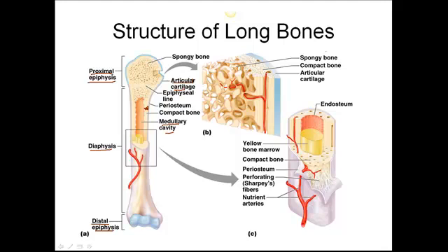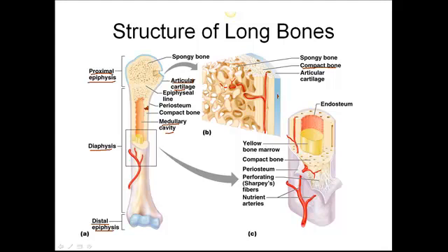And then the spongy bone has the spongy on the inside, and then as it gets towards the outside of the bone, the periphery of the bone, you have the compact bone. And then here's the articular cartilage, because we took this chunk right out of here. If we took a chunk down here, it would not have articular cartilage on it.